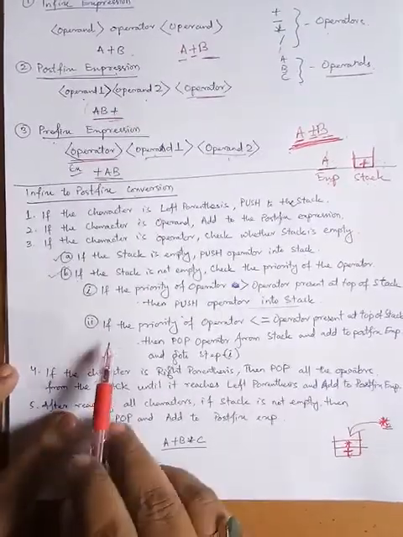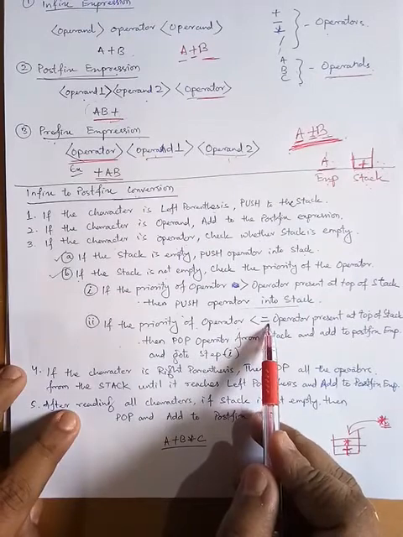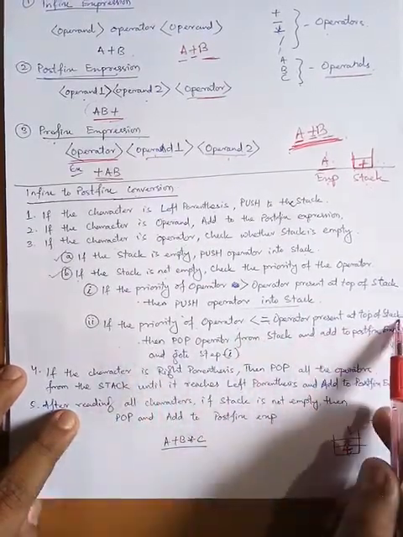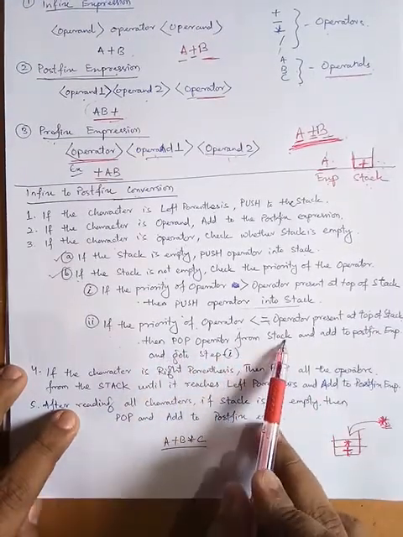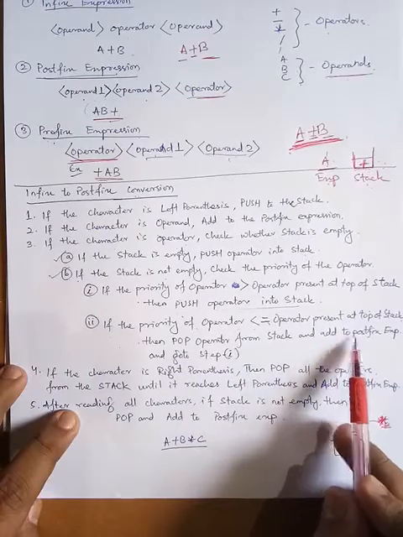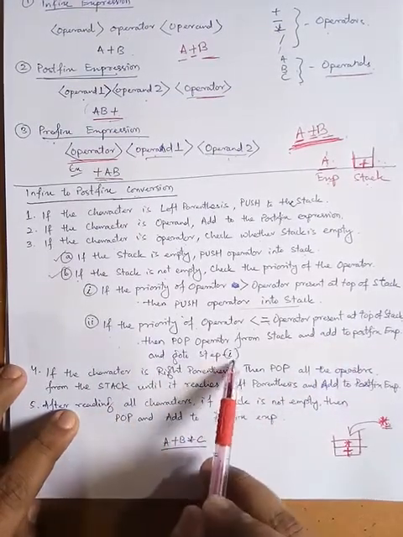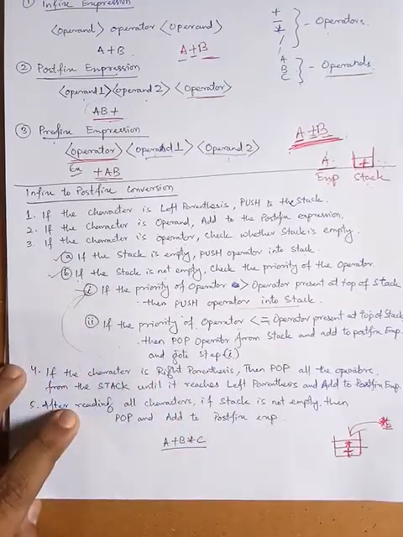Another condition is if the priority of the operator is less than or equal to the operator present at the top of the stack, then what will you do? Then pop the operator from the stack, add it to the postfix expression, and go to step I. That means this condition will be repeated and checked again.